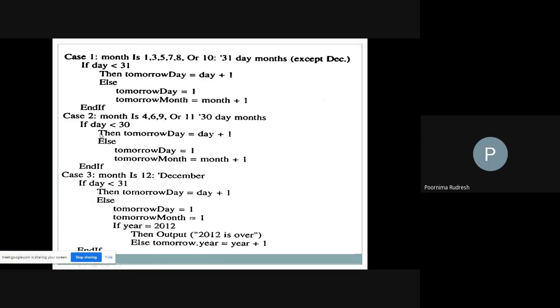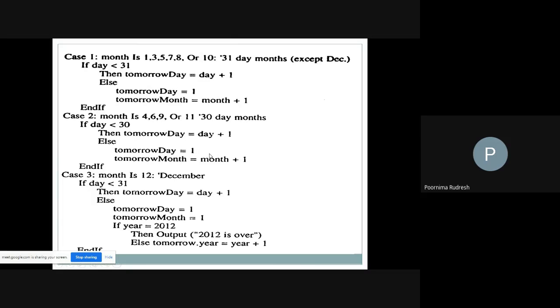Otherwise, suppose we consider November 30th, if this condition fails, then the next day becomes December 1st. So the month is incremented by 1 and tomorrow day is assigned the value 1. So that is about the months which consist of 31 days and 30 days.